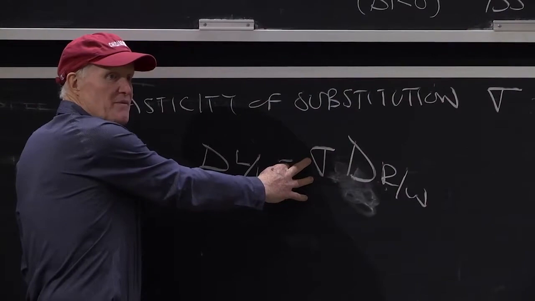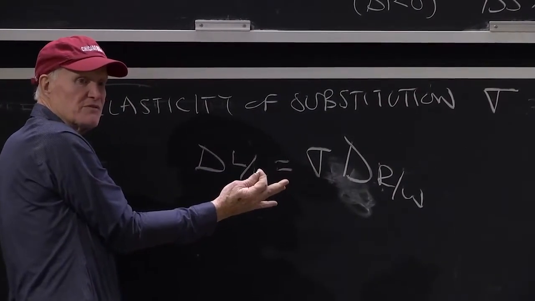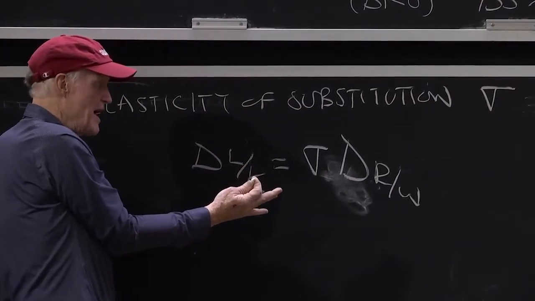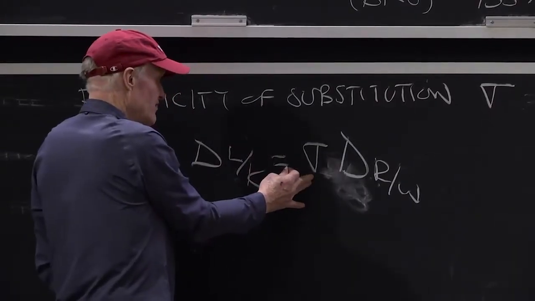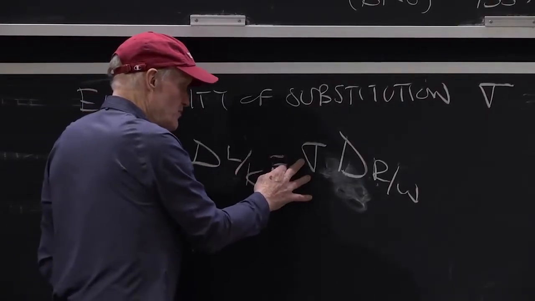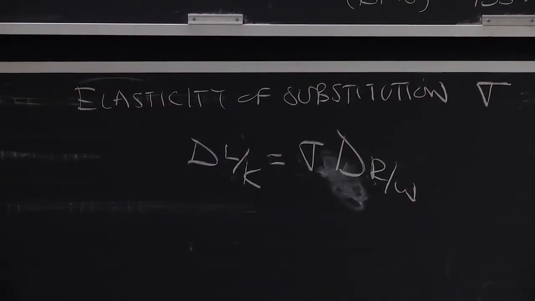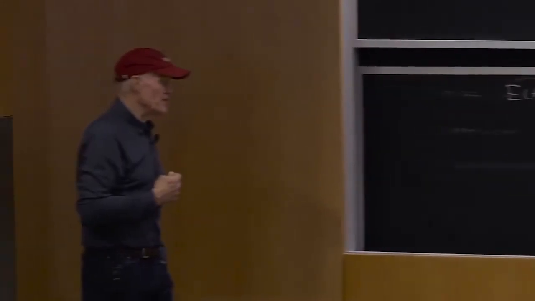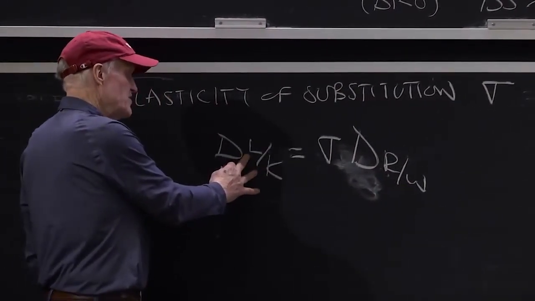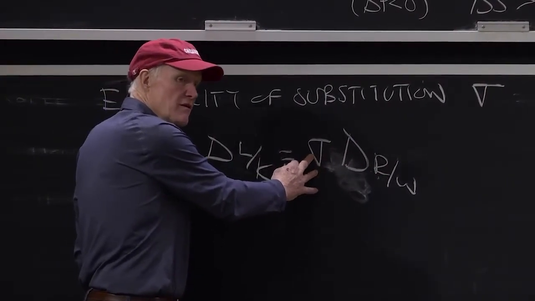That's the trick economists did to make sigma positive. Because there's really a negative relationship between factor price ratios and quantity ratios, because demand slopes down. But we define the elasticity of substitution as the change in the factor ratio as a percentage of the change in the factor price ratio measured the opposite way. So if a 10% increase in R over W leads to a 5% change in L over K, we would give you an elasticity of substitution of a half.